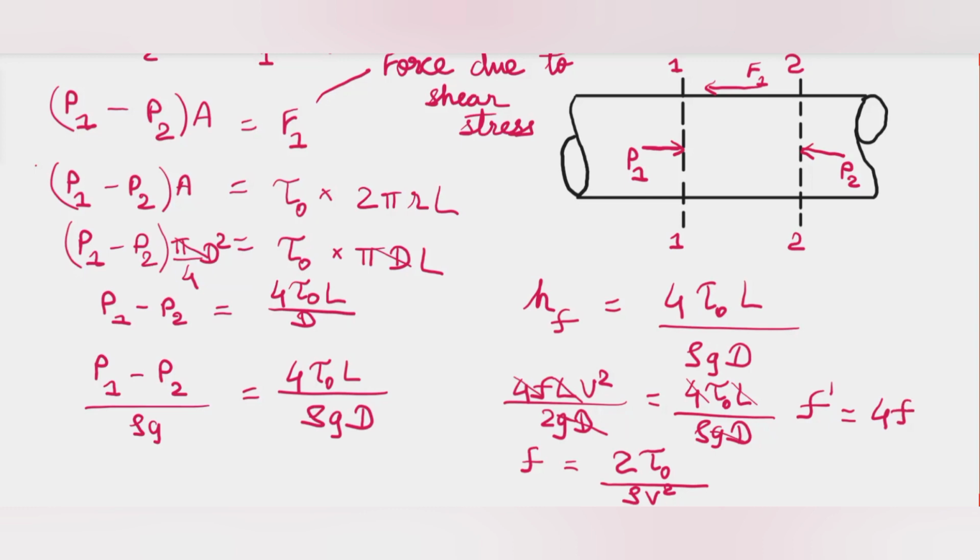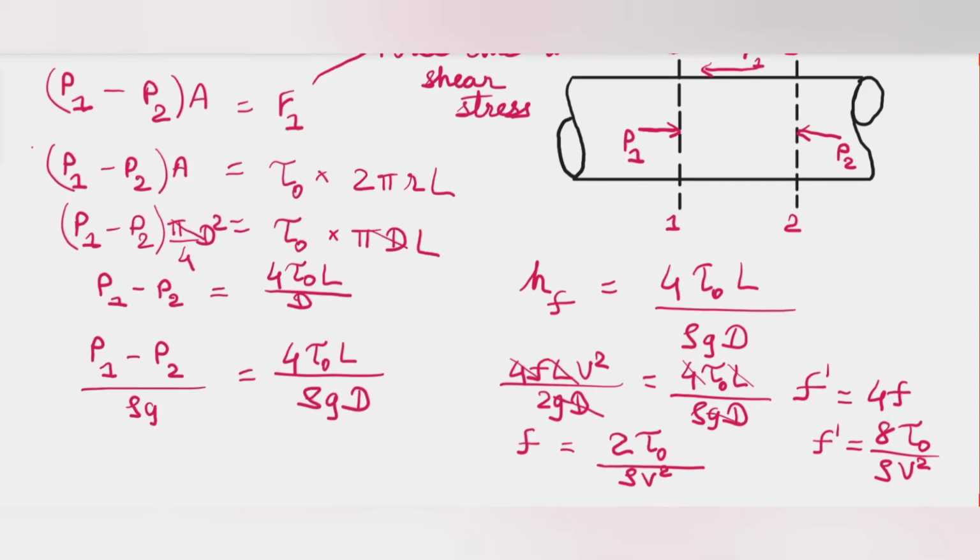This F is my coefficient of friction in terms of shear stress, and if my coefficient of friction is 2 tau naught by rho V square, then my friction factor will be 4 into F, as I have already taught you. So F dash is equal to 8 tau naught by rho V square.